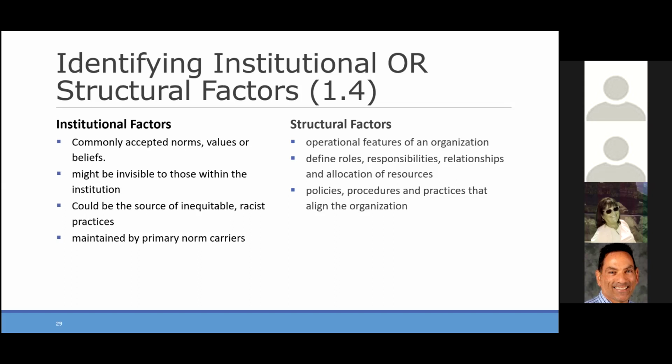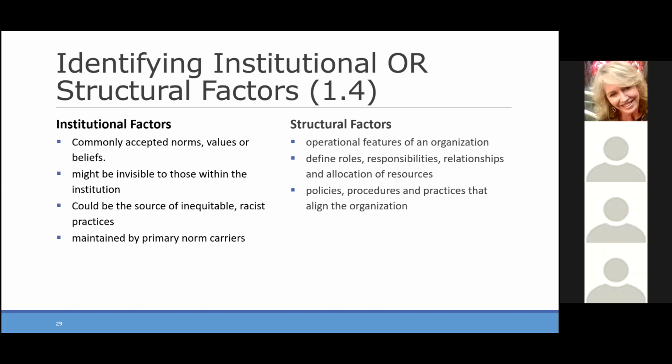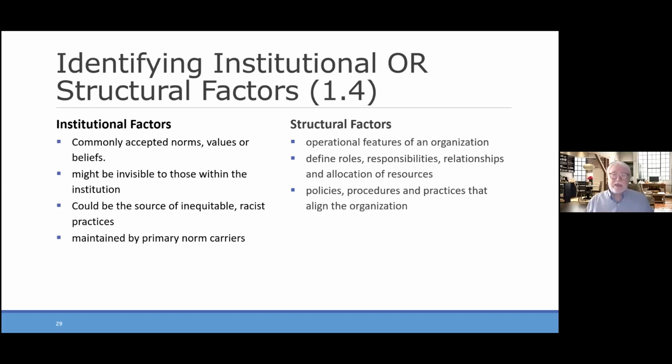And one of the things that many schools are doing now is going back through some of their policies and procedures to see where they come from and whether they are indeed equitable. And those equity audits, we've been involved in a few of them in our cultural proficiency work. And people are amazed at the things that are embedded in policy that were the institutional factors that became structural factors. Is somebody reading, am I answering the question, Gay?